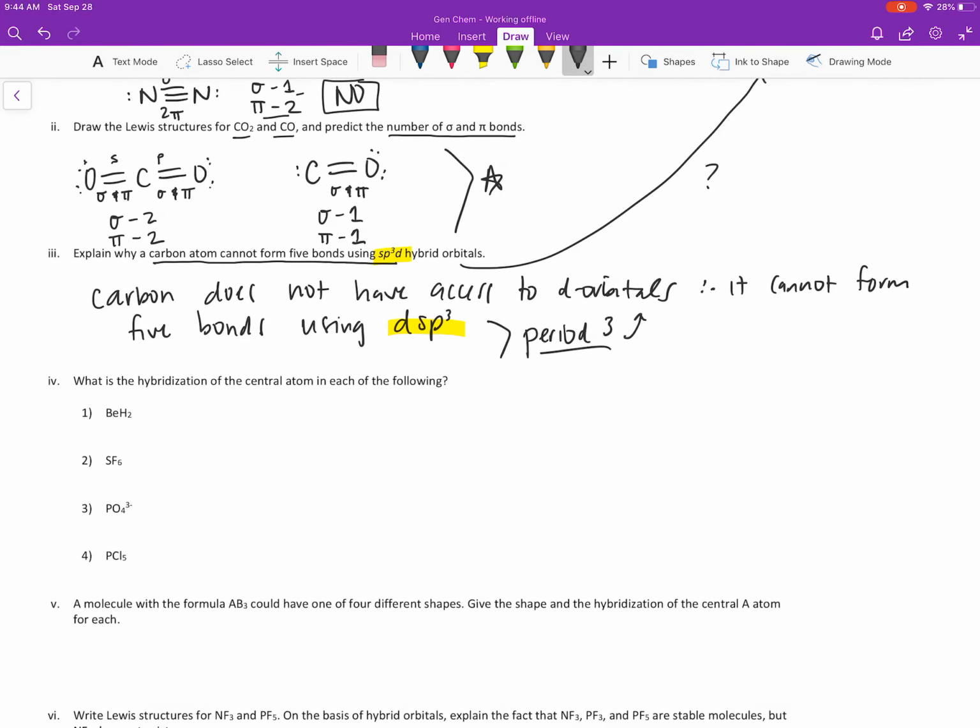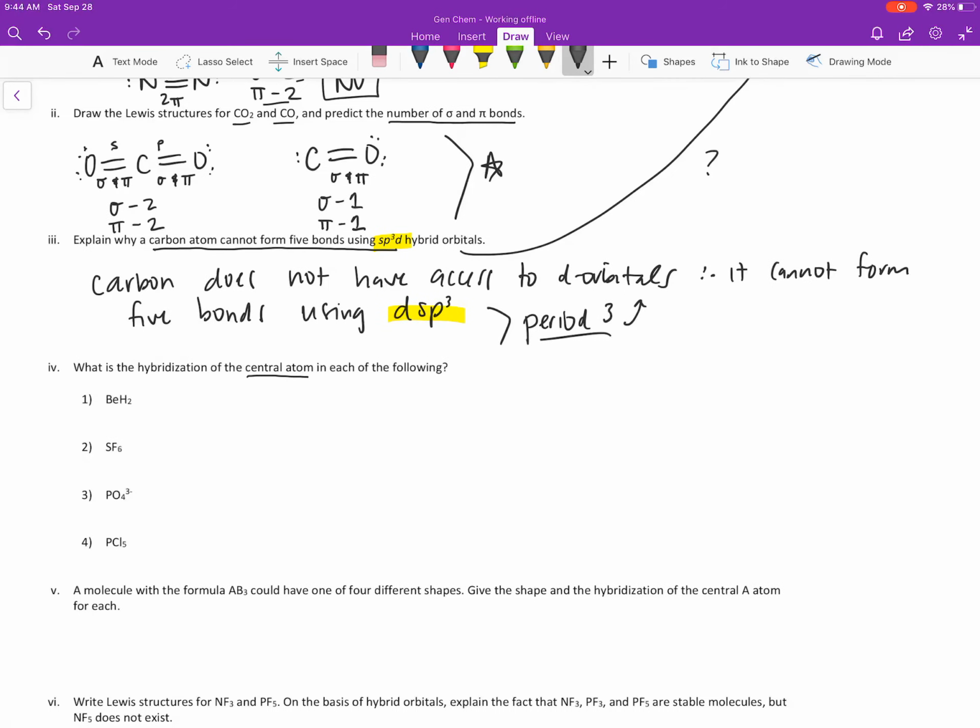All right, so hybridization. We're going to determine the hybridization of each central atom in the following. In order to do this, you usually need to start off drawing the Lewis structure, and then we'll look for a pattern after we draw our Lewis structure. So in this case, beryllium with 2 hydrogens.